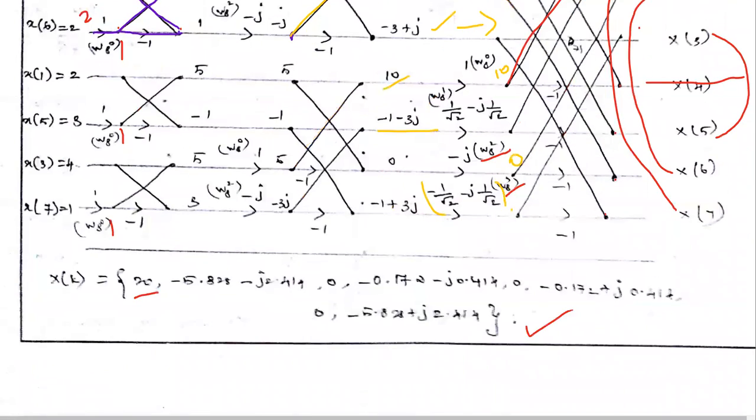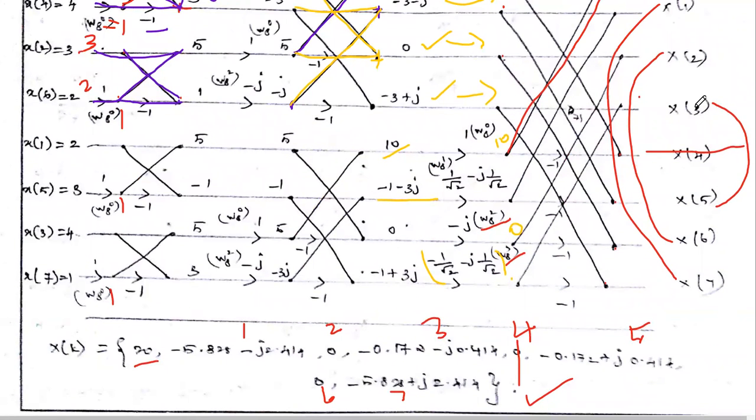So you see here, this is the x of 0 value. This is x of 1 value. This 0 is x of 2. This is x of 3. This one is x of 4, so this fourth value is the center value. This is x of 5. Then this one is x of 6 and x of 7. So in order to check, x of 3 and x of 5 should be complex conjugates.